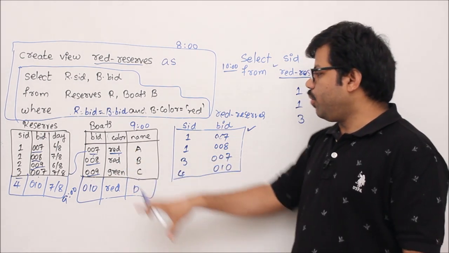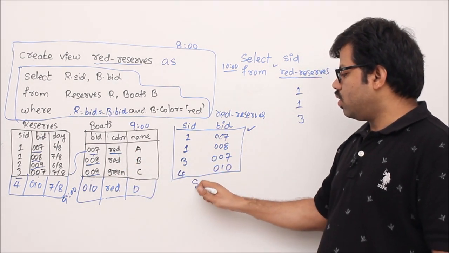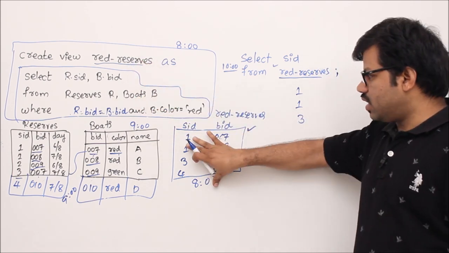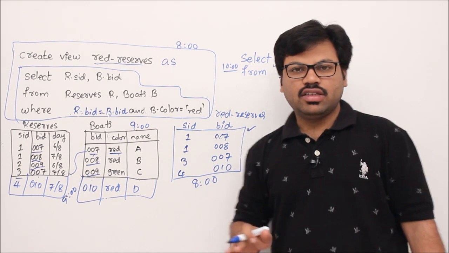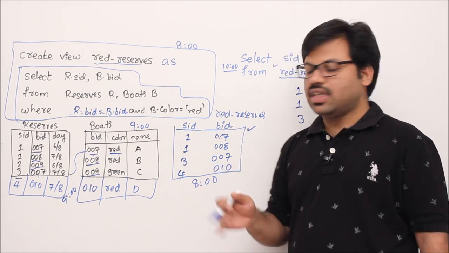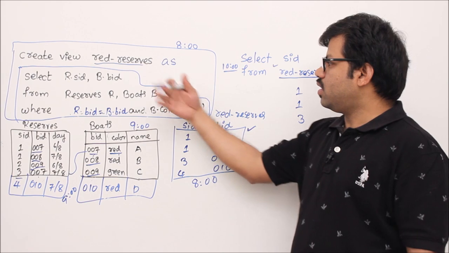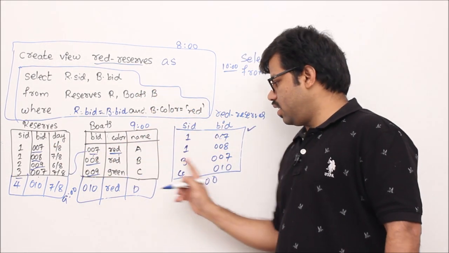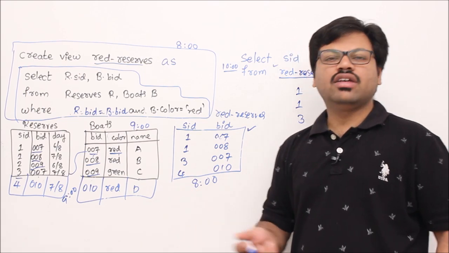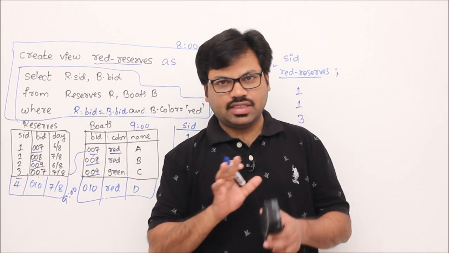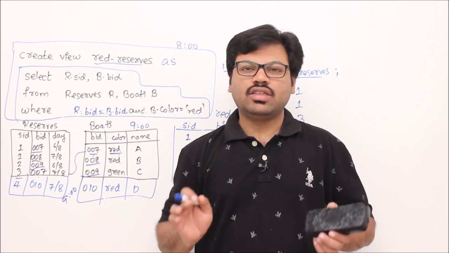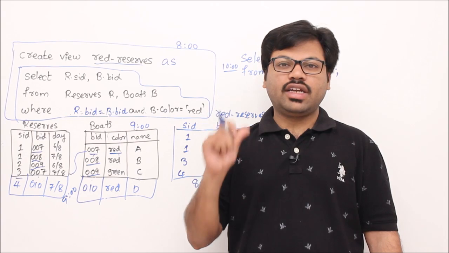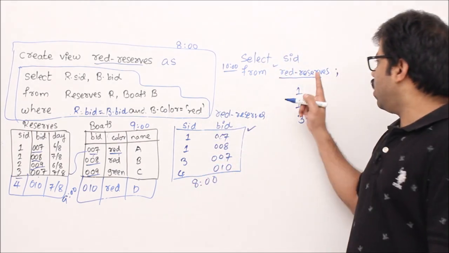But if you pre-compute it at 8 o'clock, when the view is created, then there are a lot of problems, because of update problems. Whenever the corresponding tables of the view are updated, this also should be updated, it's time taking, right? And it will lead to inconsistency problems if you don't do it properly. That's why remember, a view is a virtual table that is created only when it is used.